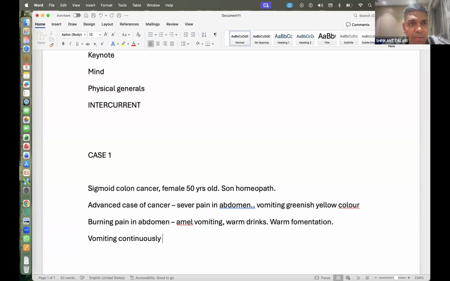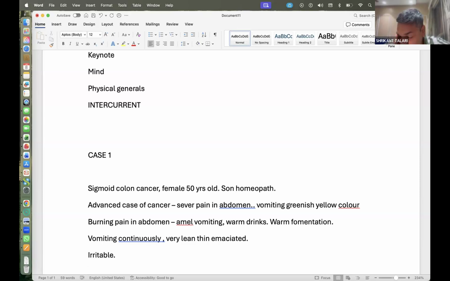She's continuously vomiting, and she has gone very weak, lean, thin, emaciated. Along with that, she's feeling very irritable.